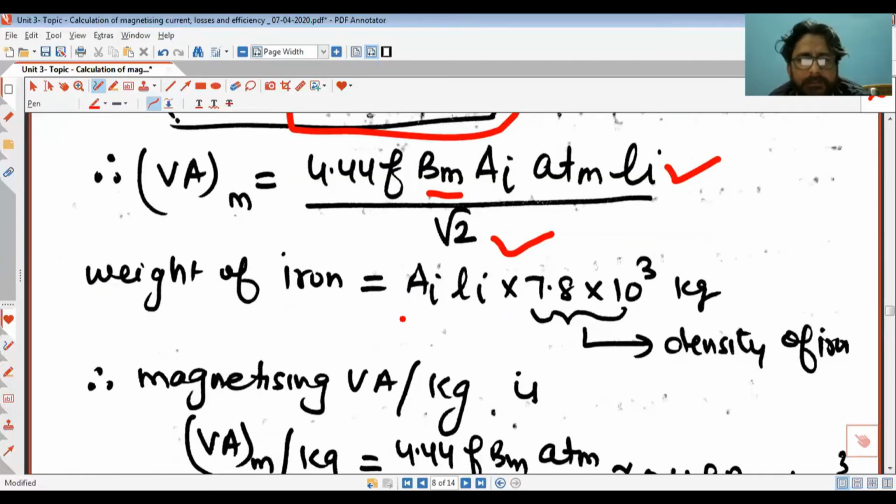Now let us find this in terms of the weight of the iron. Ai is the net core area, and Li is the length of the iron, basically the total length of flux path within the iron core, let us say. So into the density of the iron, volume into density, right?